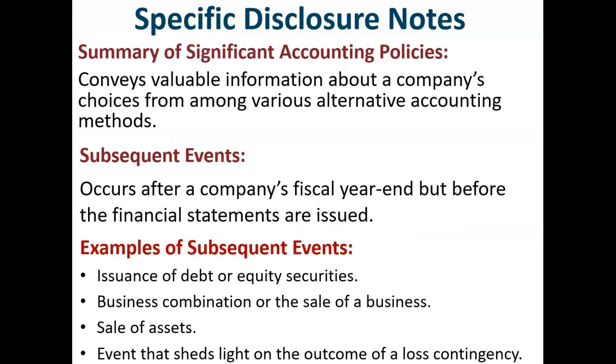The summary of significant accounting policies conveys valuable information about the company's choices from among various alternative accounting methods. For example, management chooses whether to use accelerated or straight-line depreciation, whether to use FIFO, LIFO, or average cost to measure inventories, and whether to measure certain financial investments at fair value or cost.